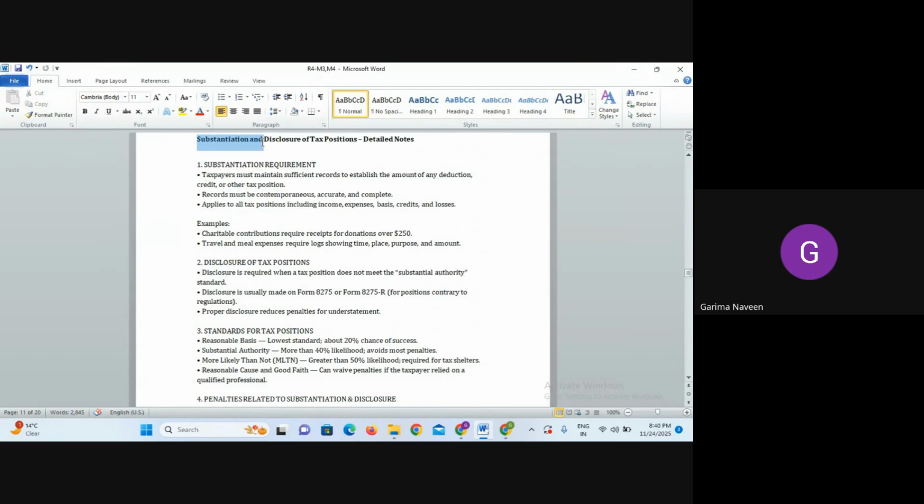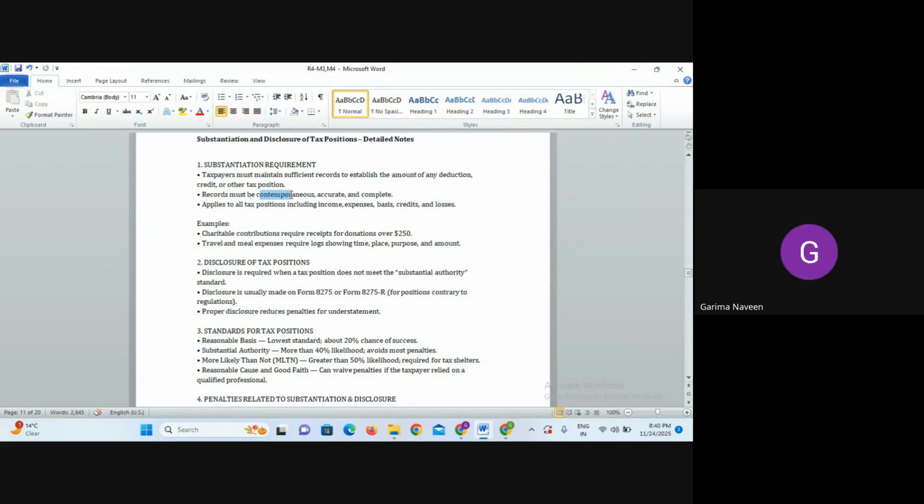Next is substantiation and disclosure of the tax position. Substantiation requirement means the taxpayer must maintain sufficient records to establish the amount of any deduction, credit, or other tax position. As a taxpayer, it is your duty to maintain the records which you are using to take any deduction or credit in your tax return.